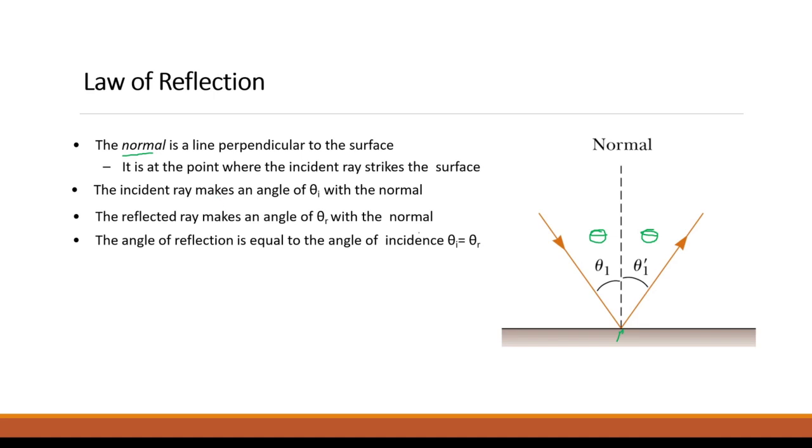And so it makes an angle of incidence, and it makes a theta r, which is an angle of reflection. And the law of reflection is that the angle theta r is equal to angle theta i. So the angle of reflection is equal to the angle of incidence.